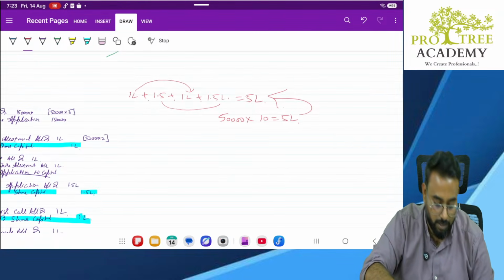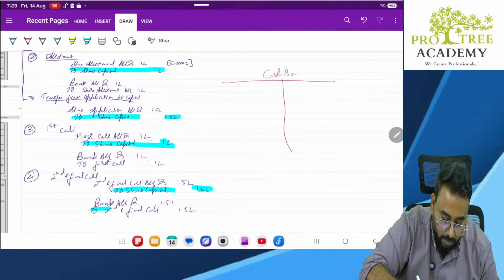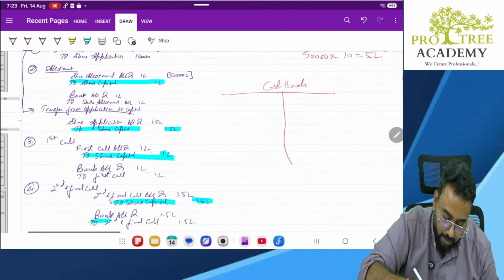If you want to open a cash book, how does your cash book look? Wherever bank has been debited, check here.